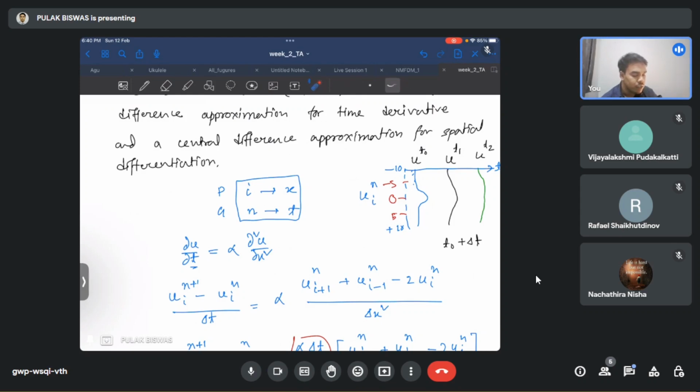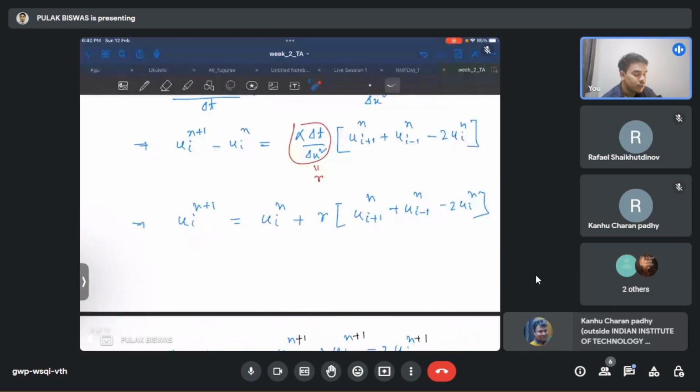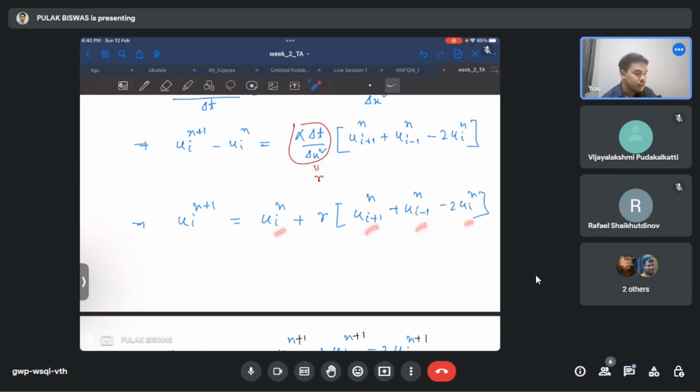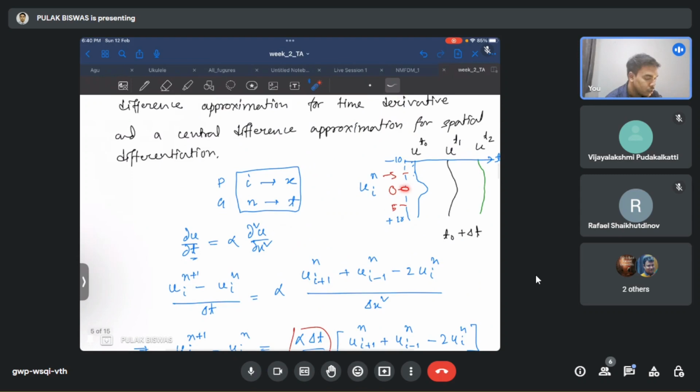Yeah, so the next value you can calculate using the previous values, at the ith, at I plus 1th, I minus 1th, again ith. So if you want to calculate at 0, for the next stage, at this point the value will be calculated using one step ahead and one step back.